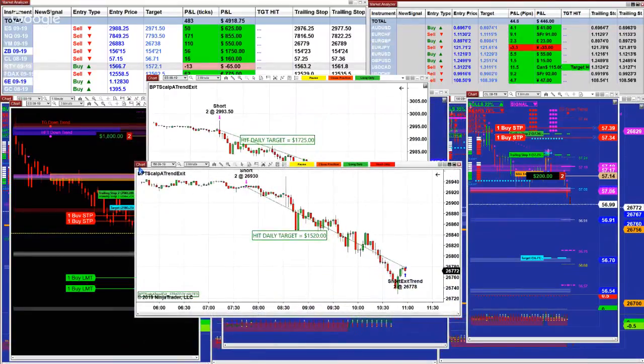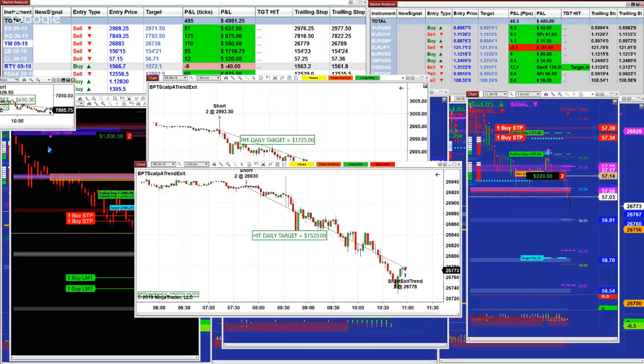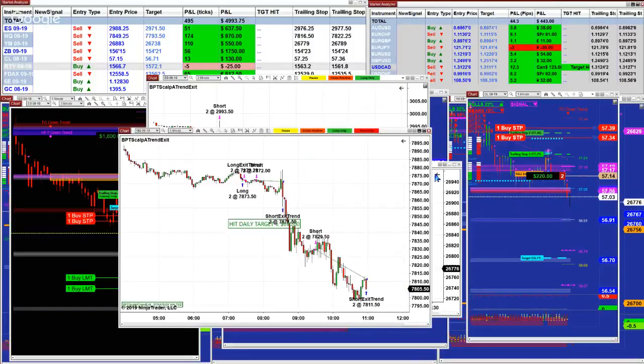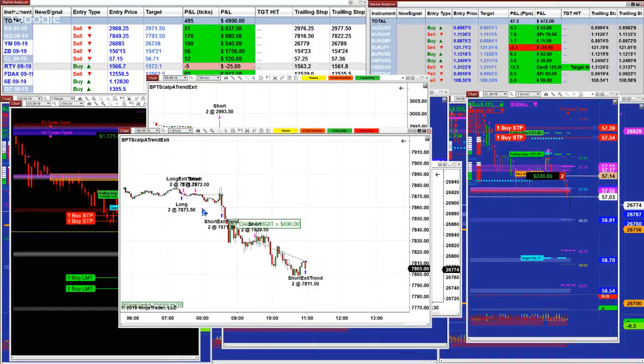But if the market is going in your direction, it is going to stay until it's done, and this is exactly what happened. The daily target is 500, but if the market is trending in your direction, the auto trade is going to stay on that trade. On the NASDAQ, also 500, but the minute it changed direction, it closed, which you can see there is a little volatility. So it closed at 690.